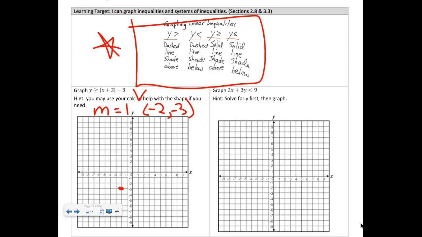And I'm going to go up 1, right 1, up 1, right 1, up 1, right 1. And then I'm going to go up 1, left 1, up 1, left 1, up 1, left 1. Okay. And now here's where we have to remember this stuff here. I have a symbol that looks like this. So that means we're going to have a solid line.